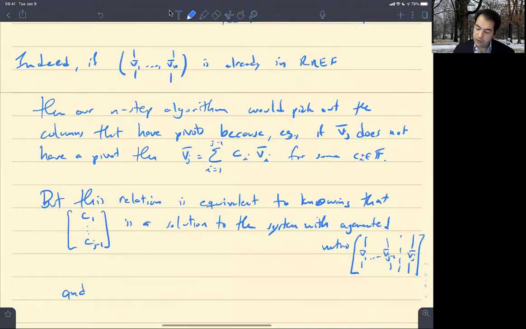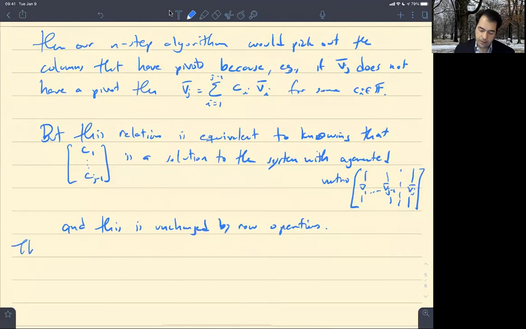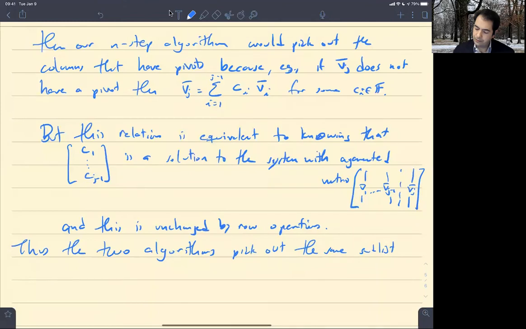And whether or not this vector is a solution is unchanged by row operations. So the two algorithms pick out the same sublist of v1 through vn. Okay, so we'll stop there and pick it up from there next time.